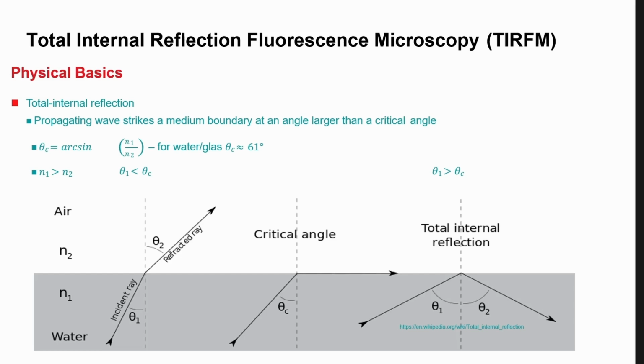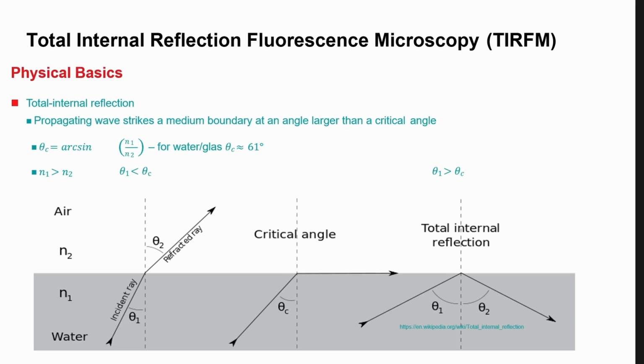Why does it do that? You remember total internal reflection. And I also said when you are above the critical angle, you have total reflection, but that's not true actually. What happens is that some of the light wave will propagate into the secondary medium. Not much of it, not deep.